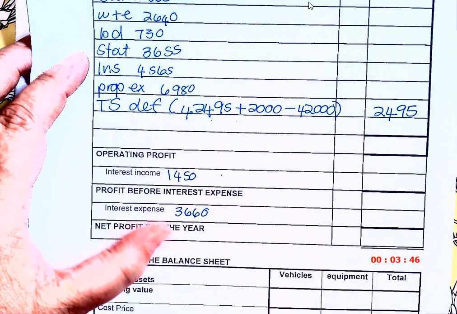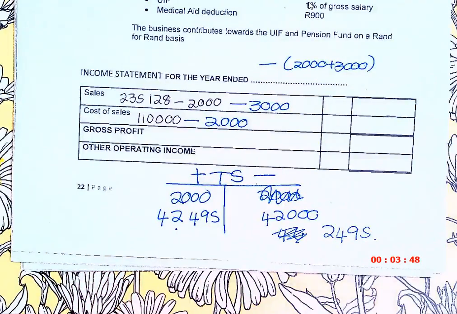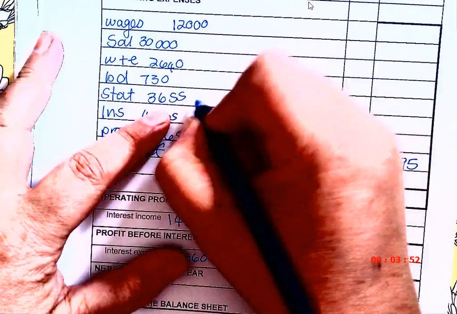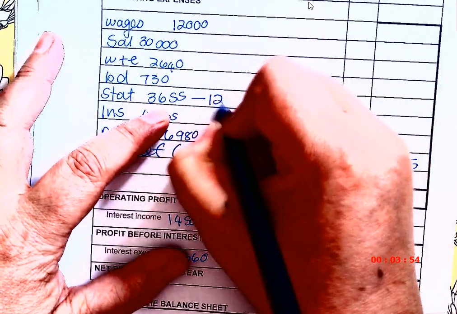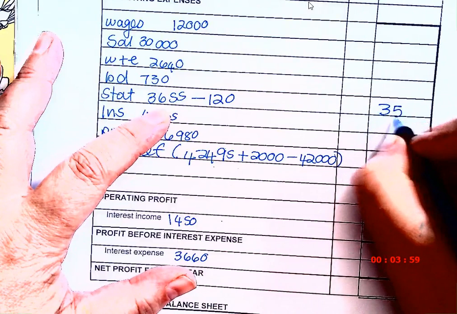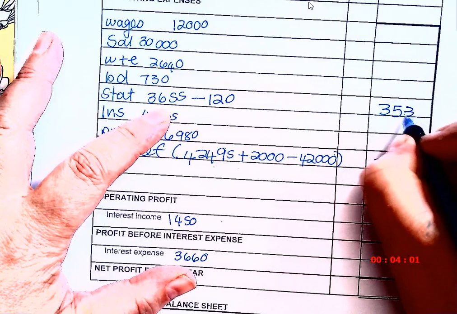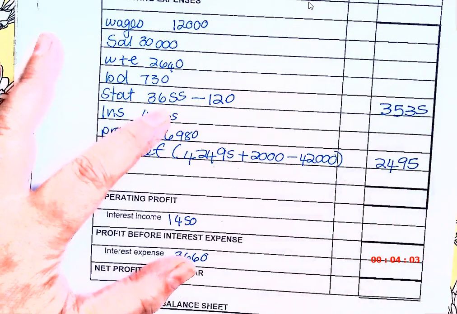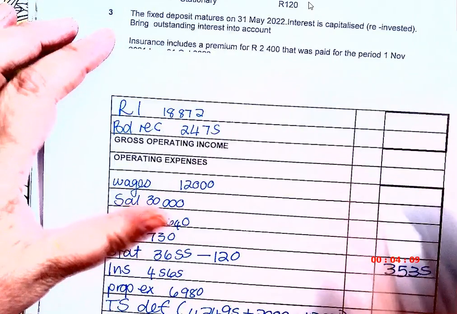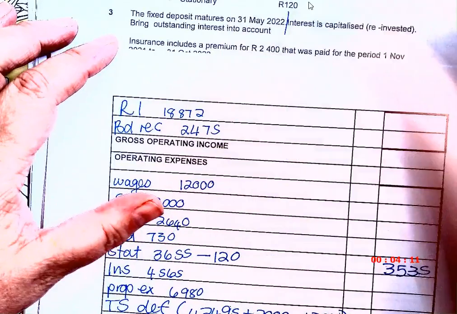Next one. Stationery. So stationery, I have left 120, meaning I used 3,535. The fixed deposit matures. Now that's a sentence in its own right.